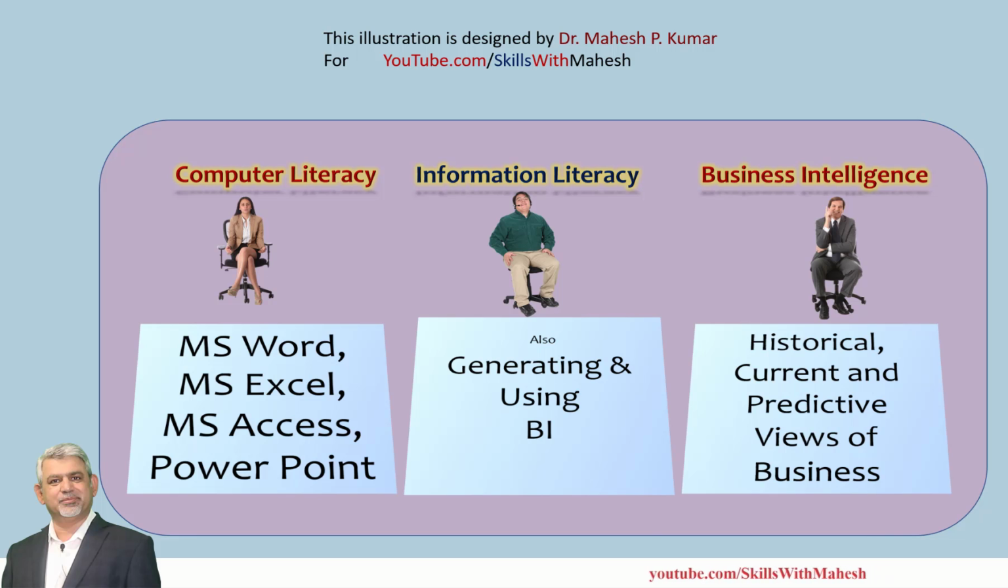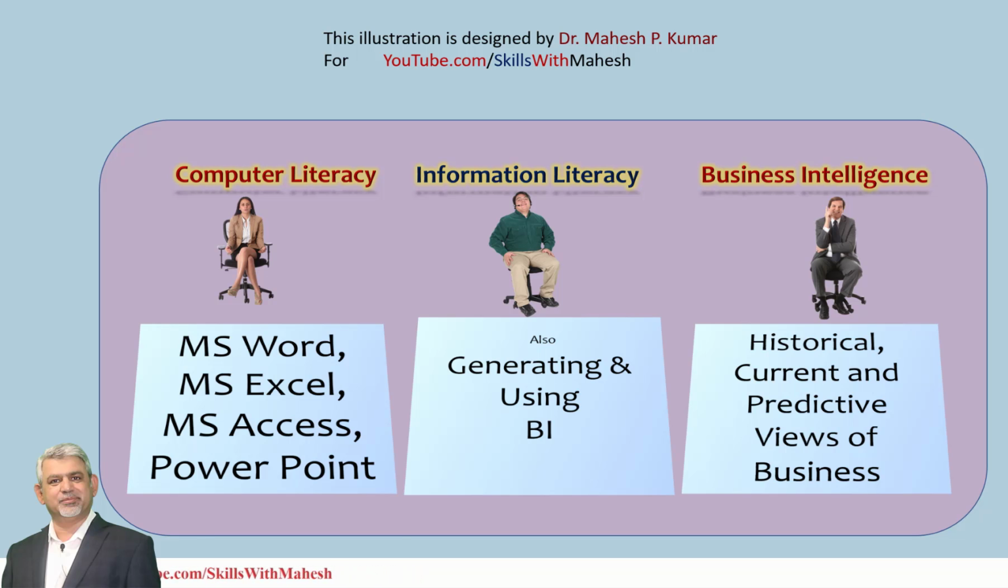Then the second thing is information literacy and business intelligence. So information literacy and business intelligence is about historical, current, and predictive views of the business. Business intelligence is a higher level thing.